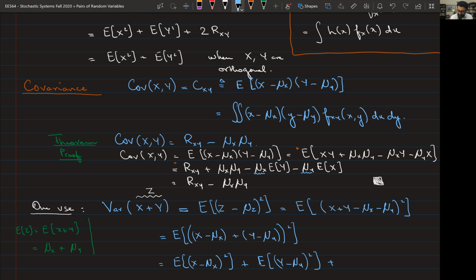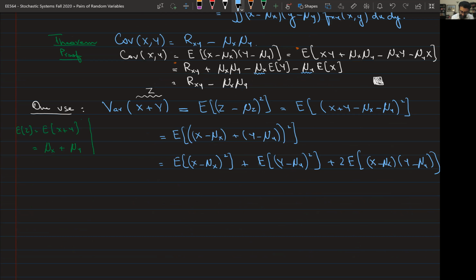This is plus 2 times expected value of the product of these two terms, x minus mu x and y minus mu y. So what did we get? This implies that the variance of x plus z is actually equal to the variance of x plus the variance of y and plus 2 times the covariance between x and y.